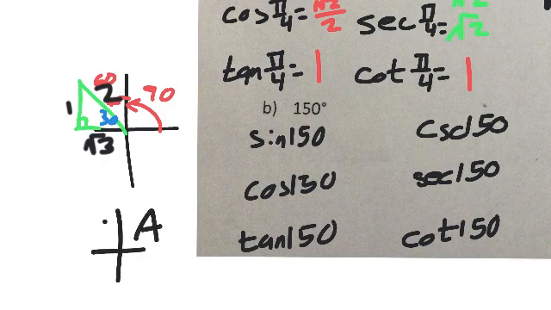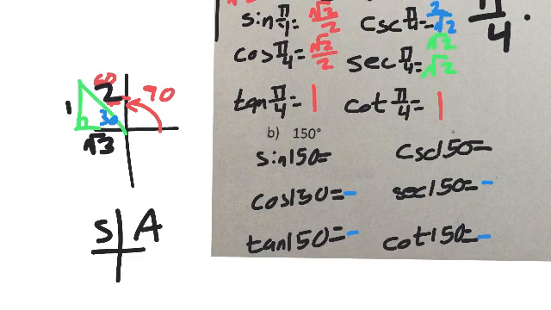Now, because I'm in the second quadrant, only sine and its reciprocal are positive, which means all the other ones are going to be negative. So I'll put a negative there so I don't forget it. Sine is the opposite over the hypotenuse, so that's 1/2.